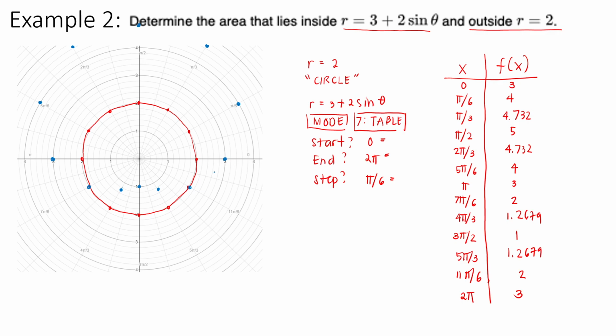So again, starting from 0 first, and then you connect going back to 2 pi. Okay, so that's the graph for the second line.